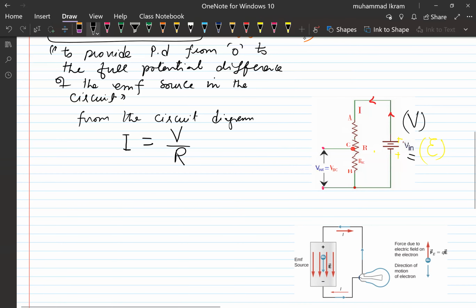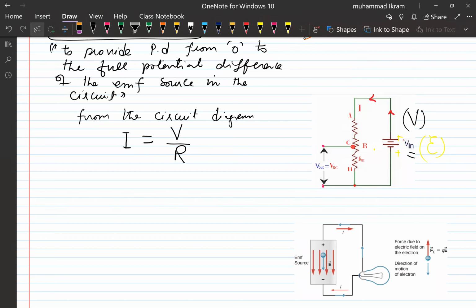Now, as I told you in the previous topic, current always chooses the path of least resistance. As you move the sliding contact, the resistance RBC changes, and the potential you get around this point we call the VBC potential.